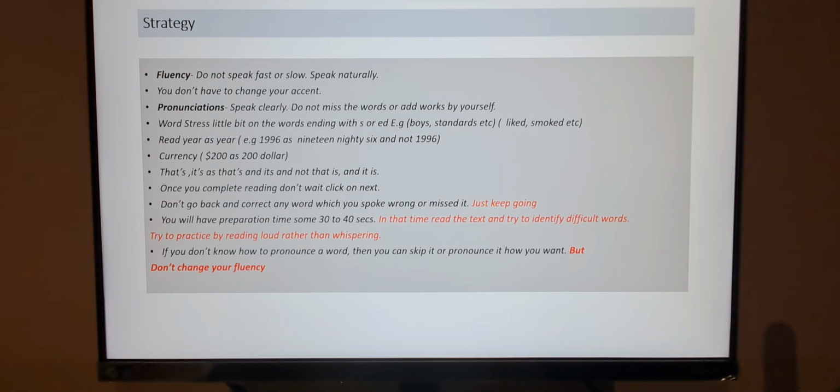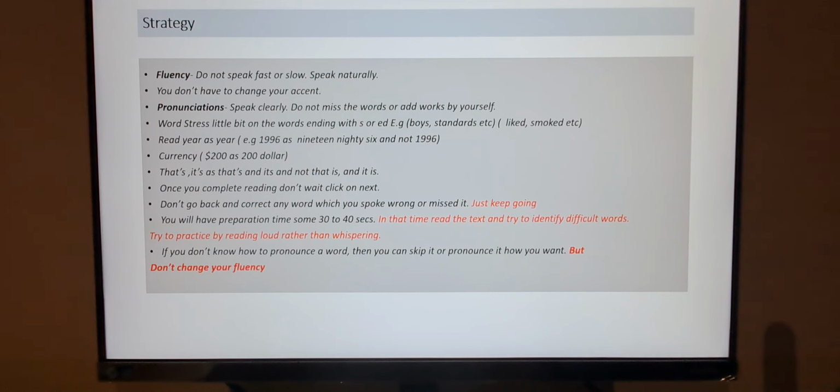You can either skip the word if you think that will be easy for you, or you can pronounce it however you want, right? Because if you pronounce it however you want, you may not lose marks in content, you can get it in fluency, though you may not get it in pronunciation. So if you don't at all say the word, then you may lose in pronunciation and content both. So that's how you need to strategize, right?